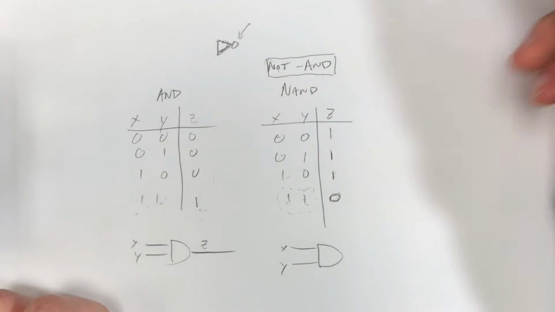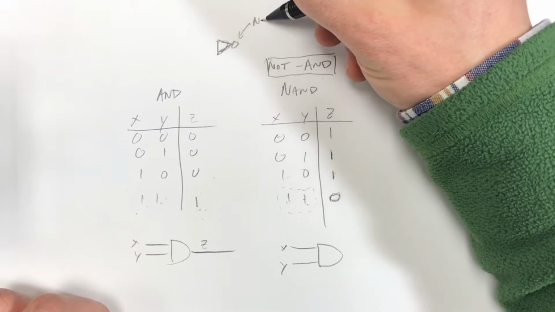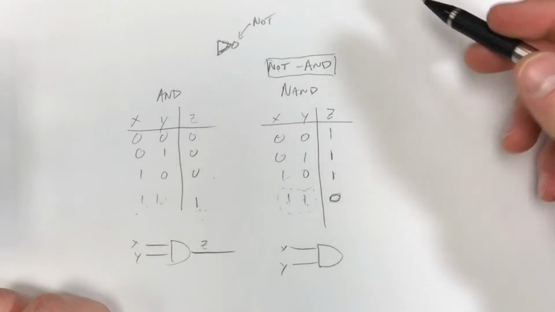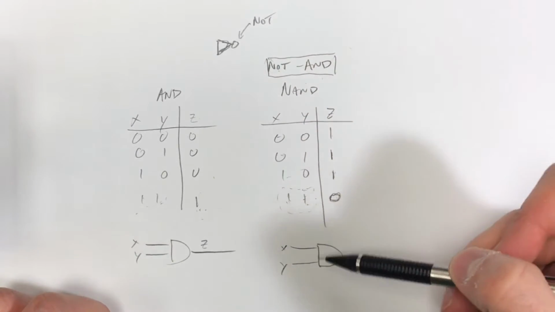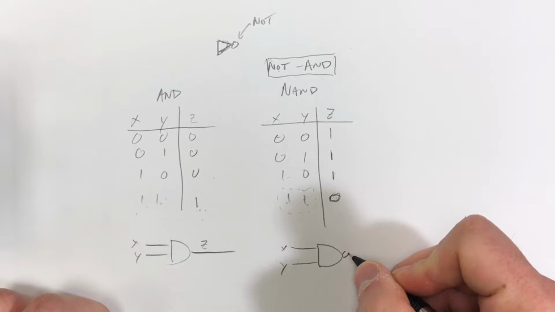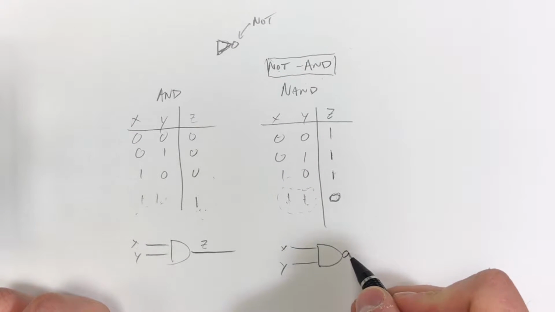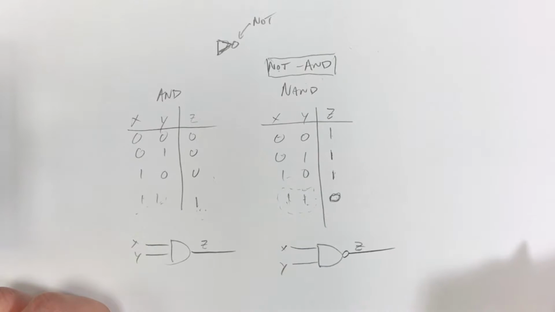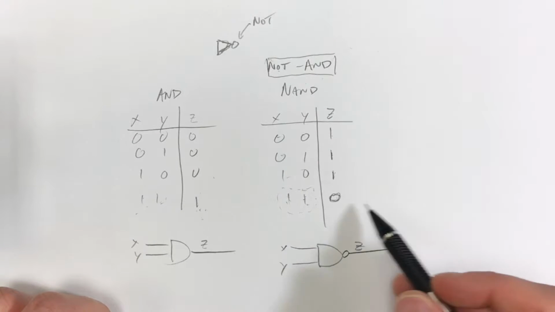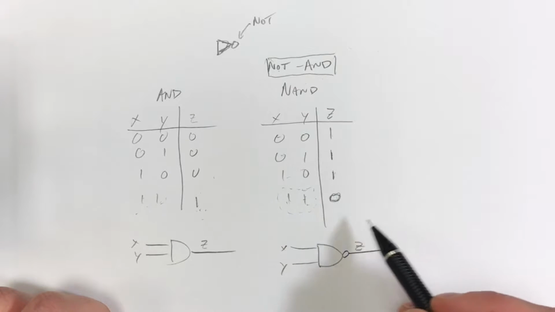What is that? That means it's inverted, the not circle. So we have an AND gate, and then we say that it is not an AND gate. We have our output Z. This is what a NAND gate looks like.